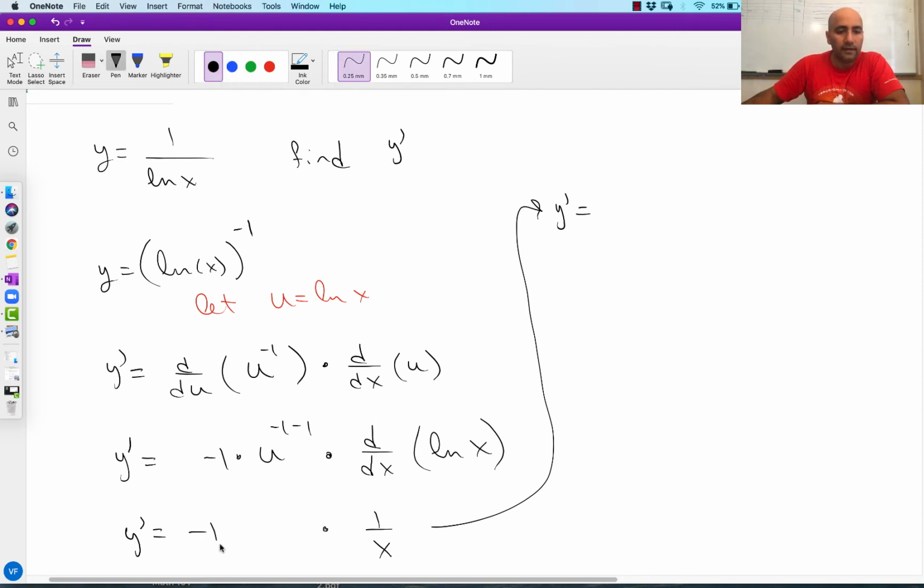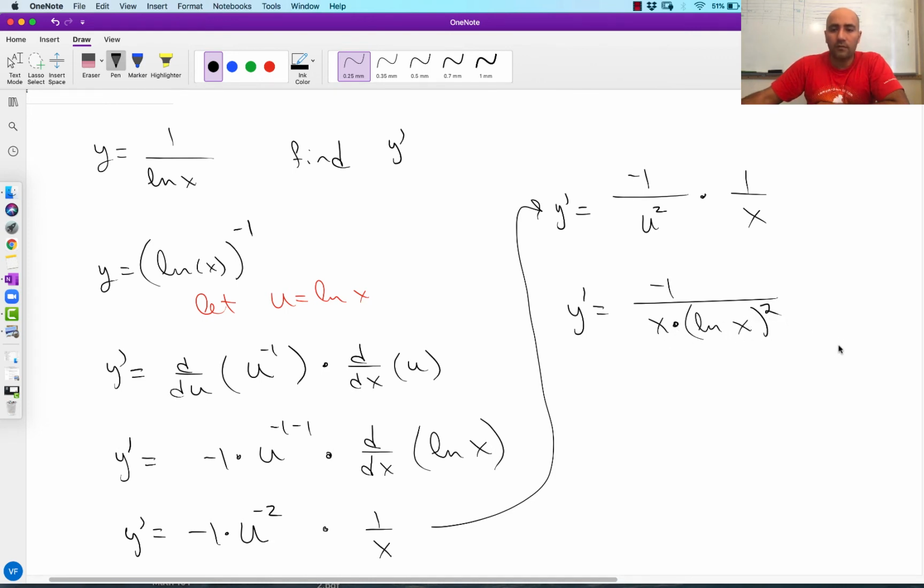This is negative 1 times u to the negative 2 power. So then this becomes negative 1 over u to the positive 2 power times 1 over x. And then the u is actually ln x, so y prime becomes negative 1 over x times ln x squared. There we go. There's our answer.